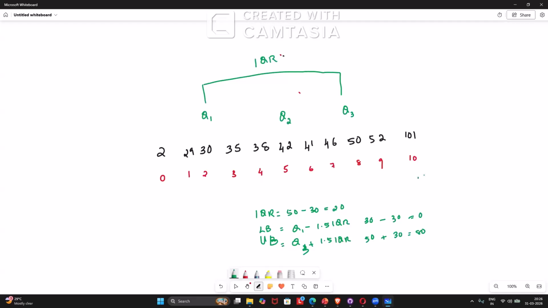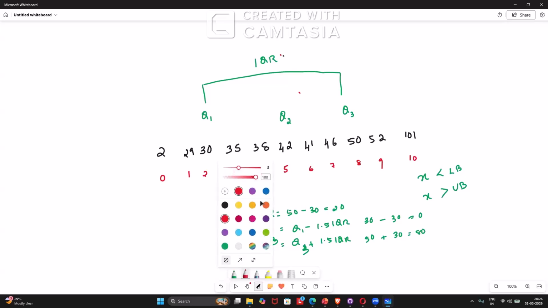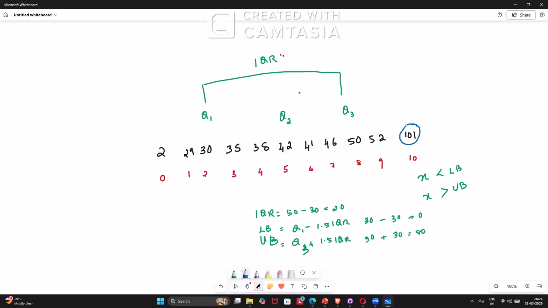So those observations which are less than the lower bound and those observations which are greater than the upper bound are termed as outliers. So with that, which is the outlier? 101 becomes the outlier.